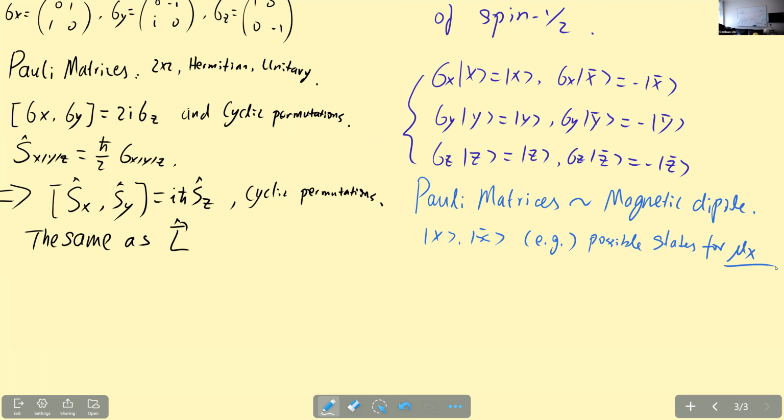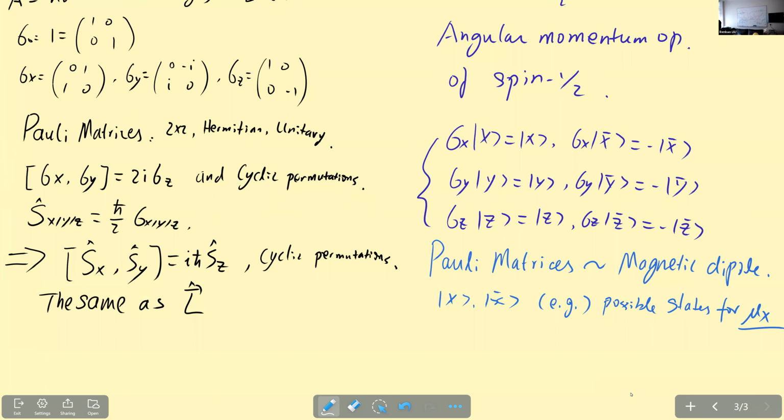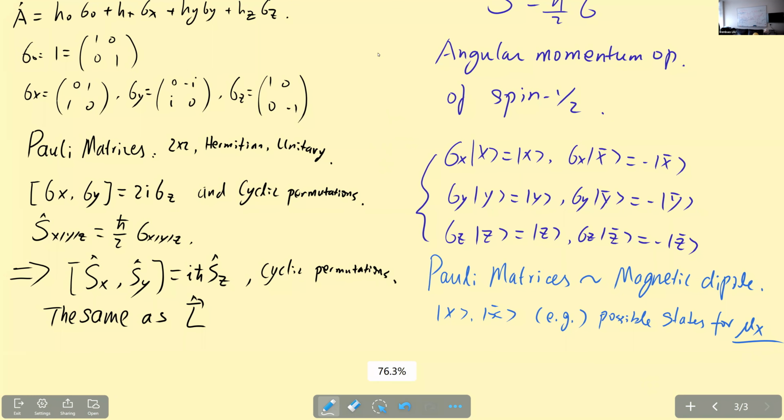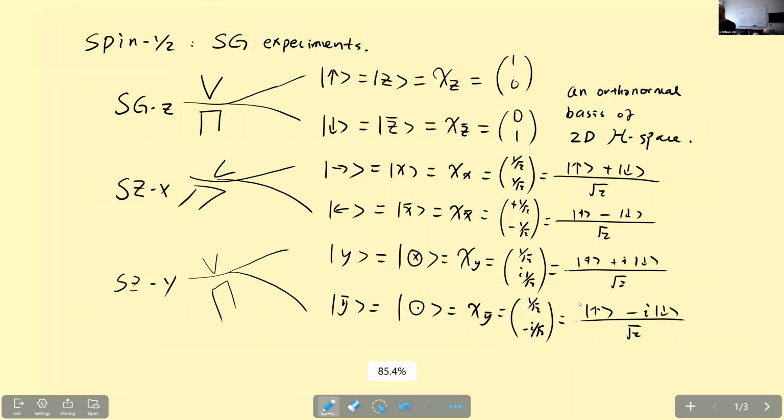So when we measure the magnetic dipole moment along the x direction, if we go back to the definition of the states, remember this is the definition of states.